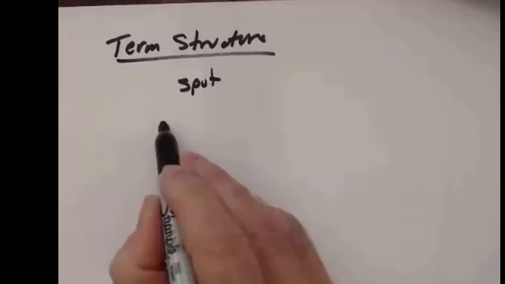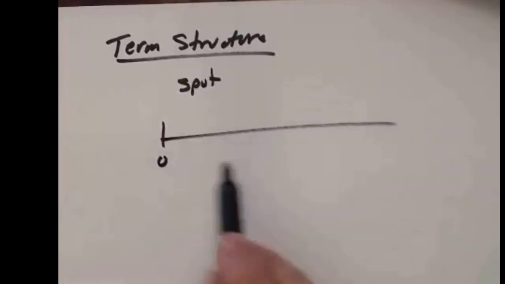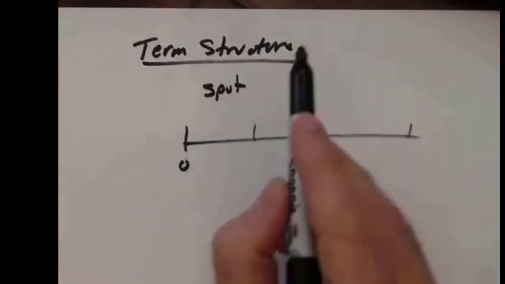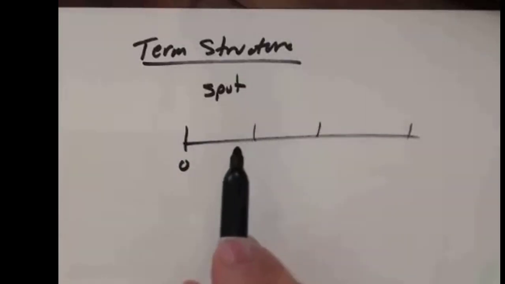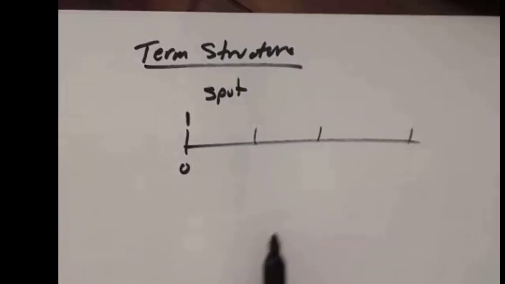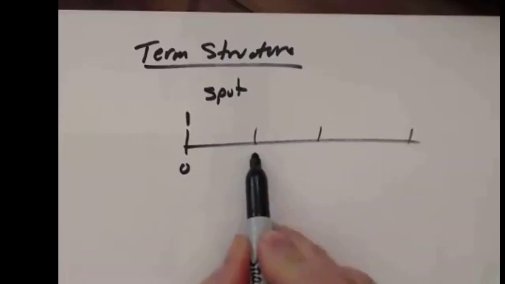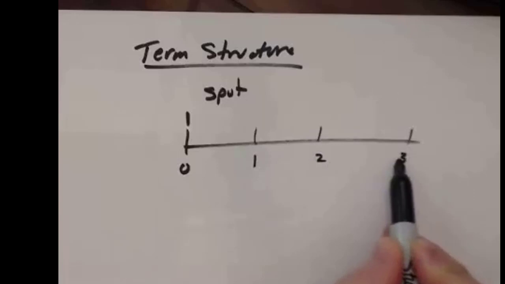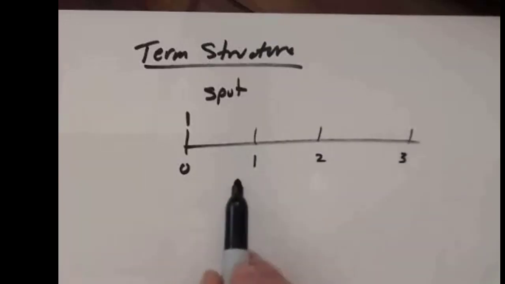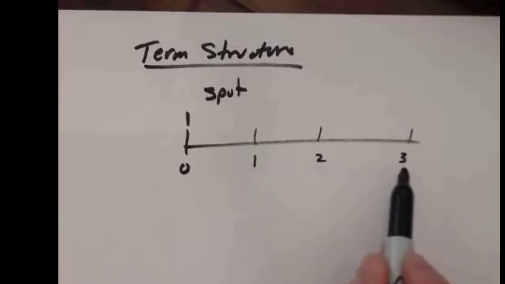A spot rate is the interest rate that you can see on the spot, so to speak, right now. The spot rate starts today, which we always designate as time zero, and this could be quarterly or annual. I don't care if you look at it as first quarter, second quarter, or third year.